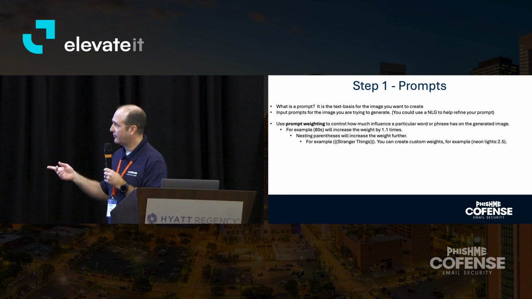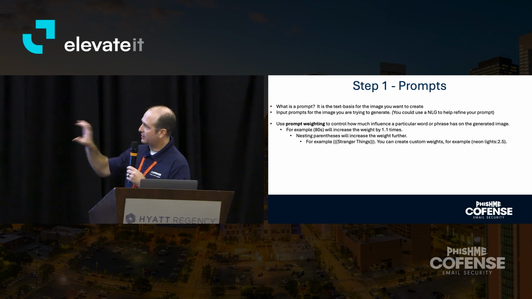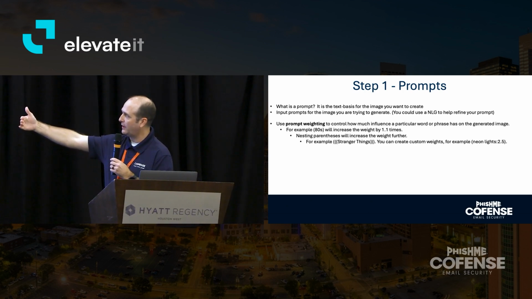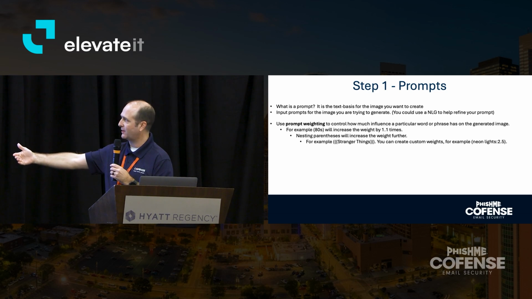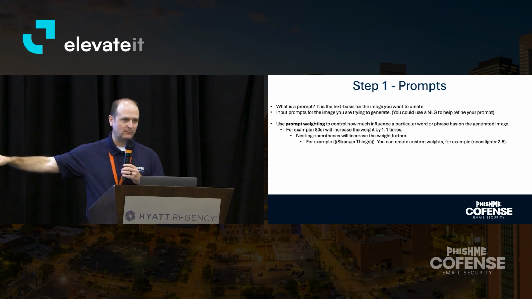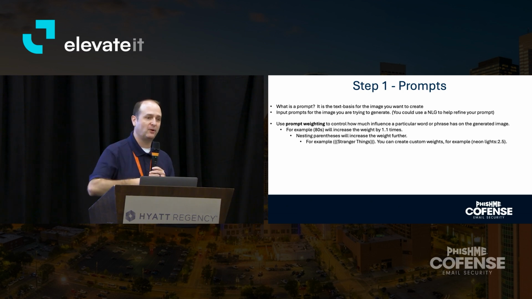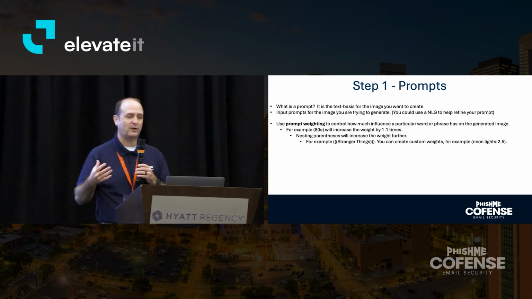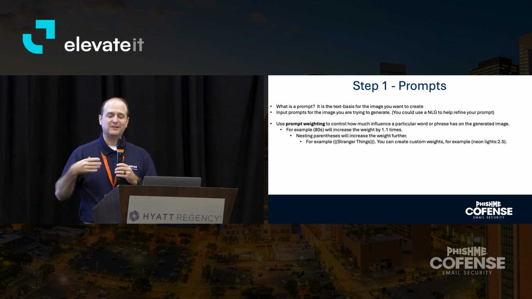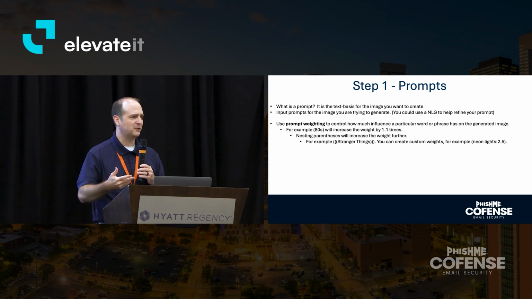The way you do that in Stable Diffusion is you can actually do it with a number, where you can use like ADS and increase the weight a certain specific amount of times. But what we more commonly do is nested parentheses. I'm going to show you an example of what we actually used in the real world to create a template for an infographic that is sort of an homage to the Netflix show Stranger Things.